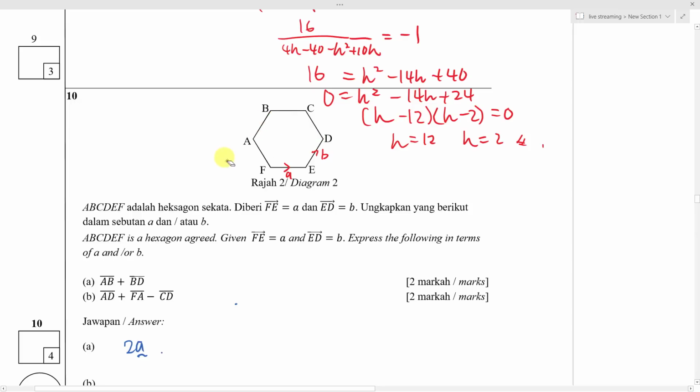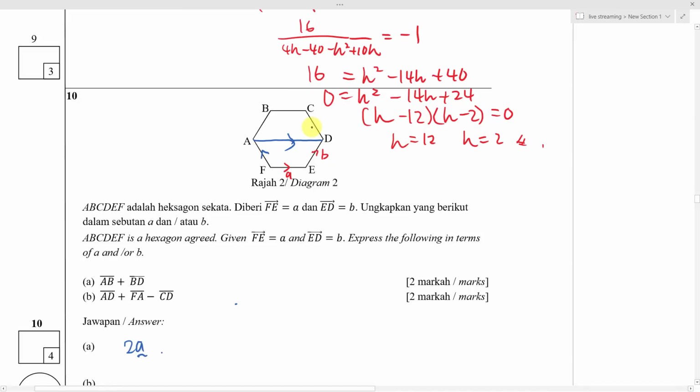Alright, then the next one. AD, where's AD? Okay, A to D. And then F to A, like this. And then negative CD. Negative CD I change to positive because it's easier for me to connect the vector. So negative CD equals positive DC.